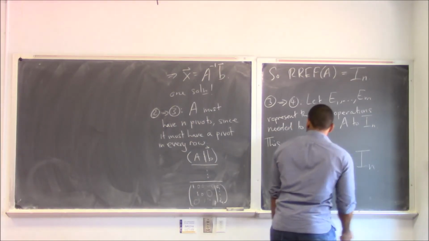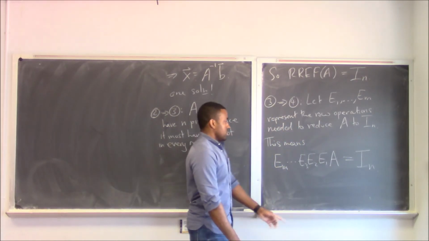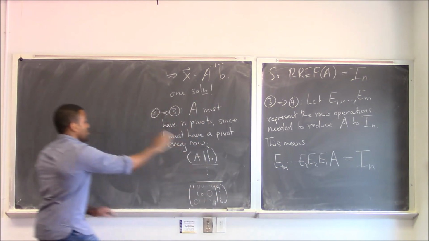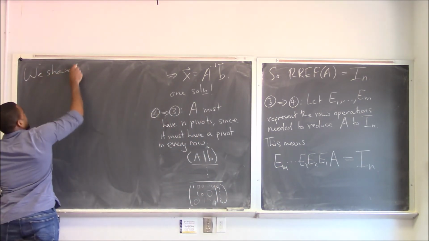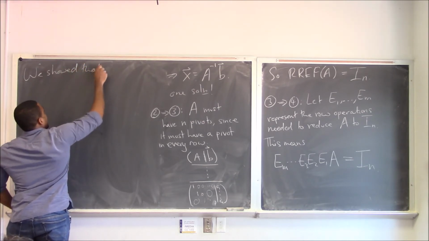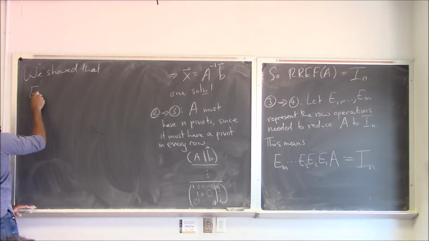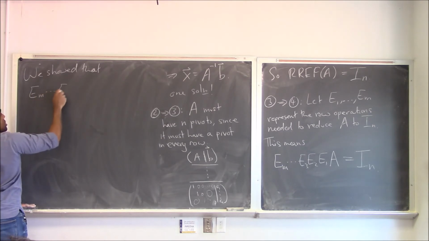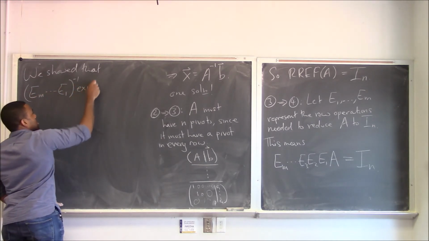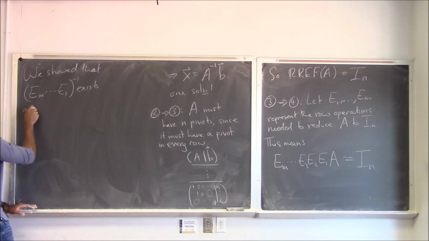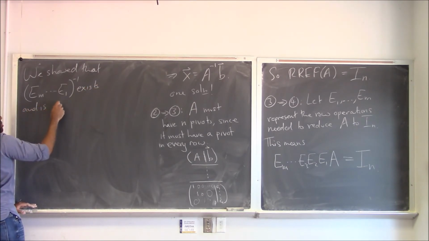How do you know the inverse is going to be used? You proved it. The inverses are elementary. Yeah, we showed that the inverse of this exists and is, what is it?